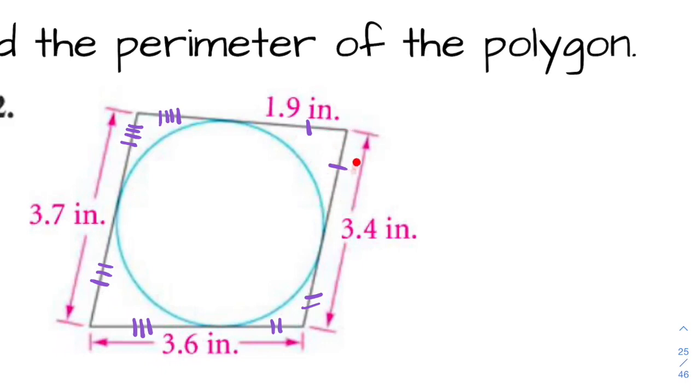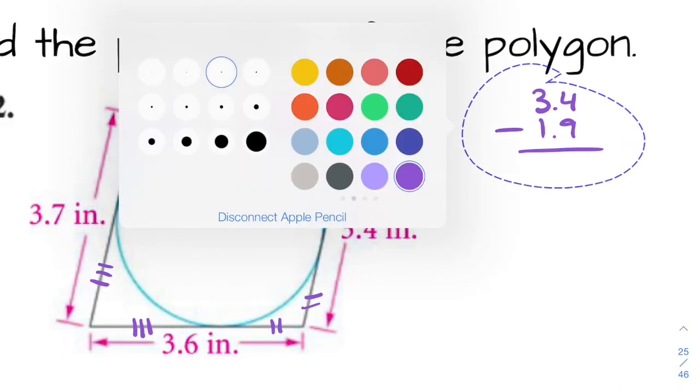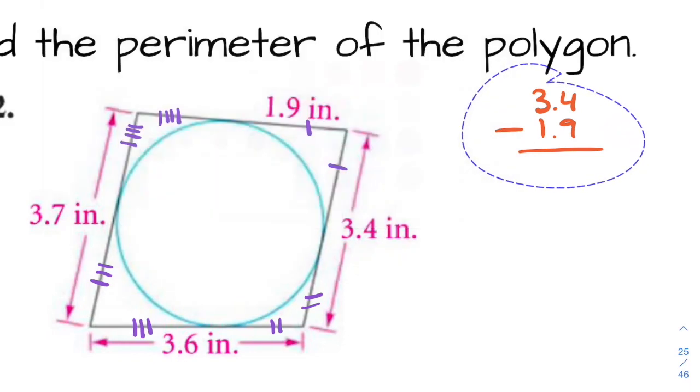If this is 1.9, and I know the whole thing's 3.4, if I take 1.9 away from this 3.4, I'll be able to break 3.4, the whole length, into two pieces. So I'm going to do 3.4 minus 1.9, and 3.4 minus 1.9 is 1.5.